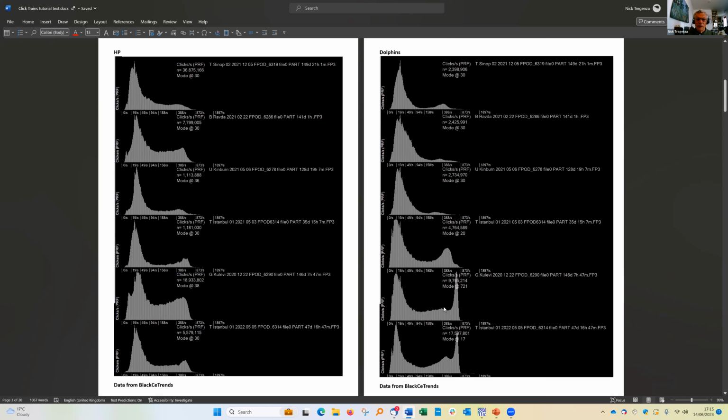I've looked at that data, and actually at both sites, it seemed there was a lot of feeding activity going on there.